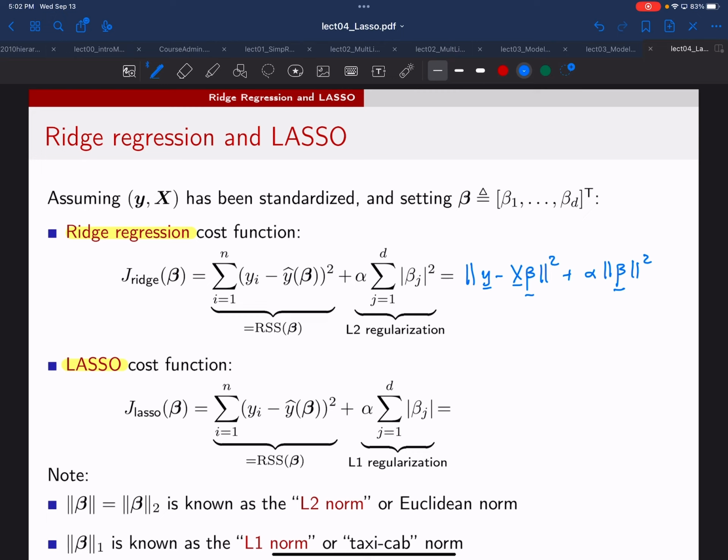Now, someone might notice something that's a little bit different from the way we previously have been writing things. Does anybody notice anything strange about how we're writing this? Previously, we always put an A matrix here, right? But now I'm using an X matrix. So why is that? Would you remove the beta 0? Right, exactly.